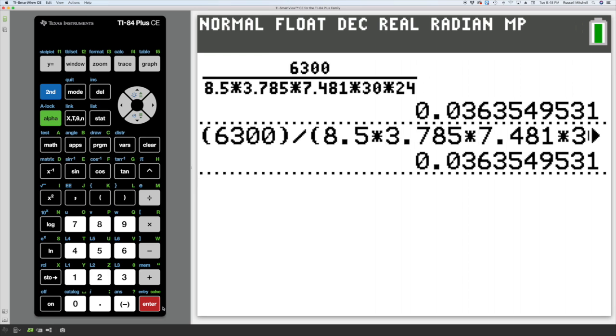Okay, so just two different ways of typing in the calculator. Most of you probably will do the parentheses. Okay, and that's absolutely fine. Okay, so that's it. Let's go back and write our answer on the paper.